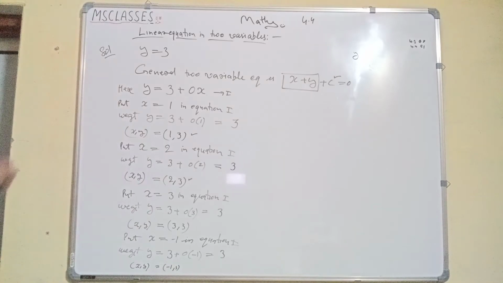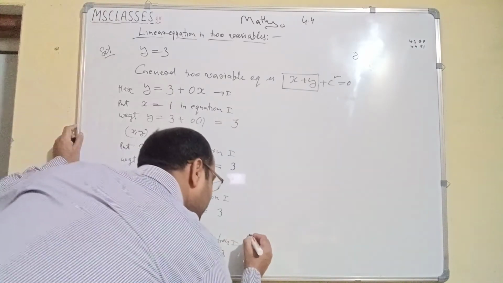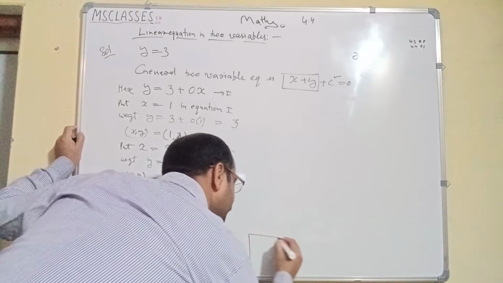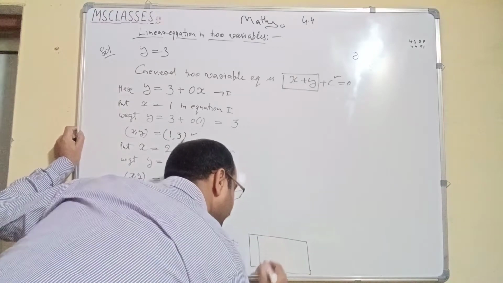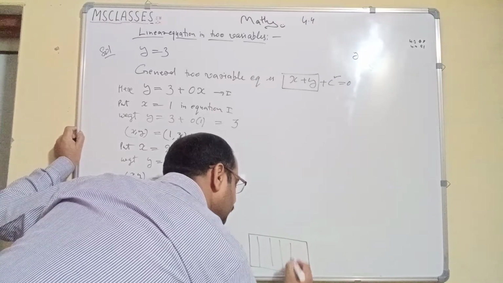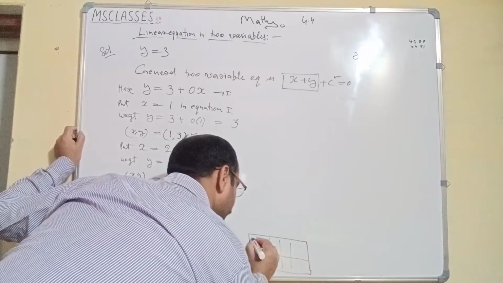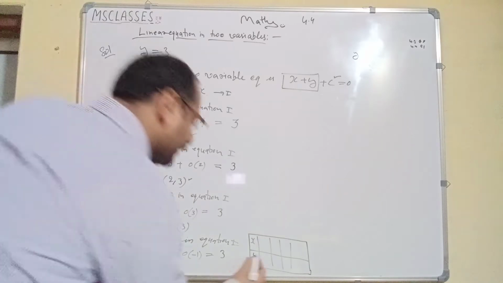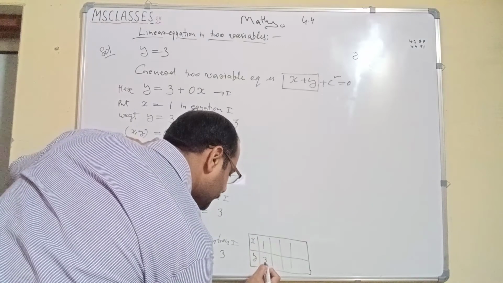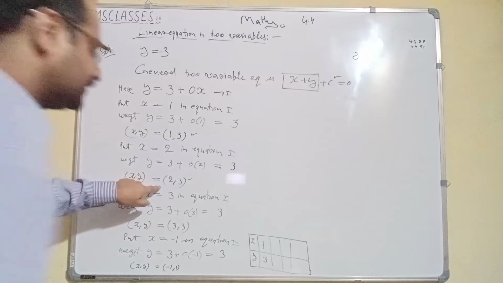So guys, you see, we have a table of solutions from the equation y is equal to 3. So what are the values of x and y? Our first coordinate is 1 comma 3. Second is 2 comma 3.